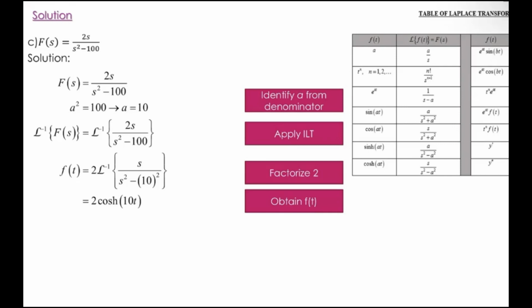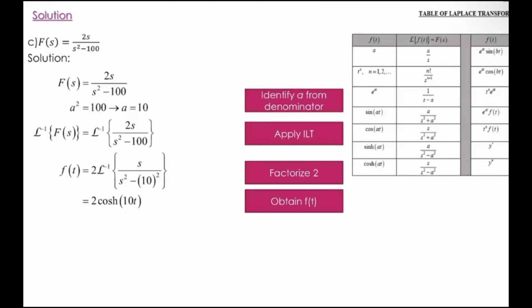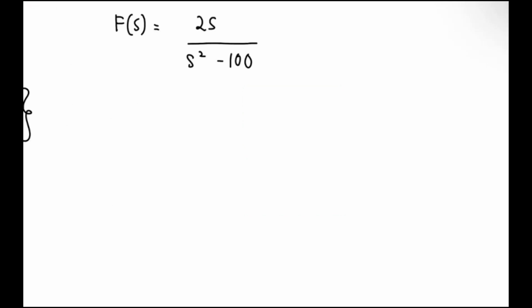Two s over s squared minus 100. So the inverse Laplace of 2s over s squared minus 100. 100 is 10 squared.